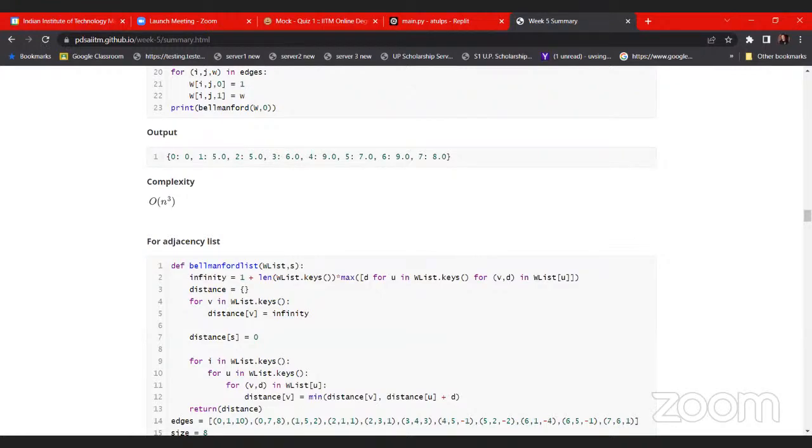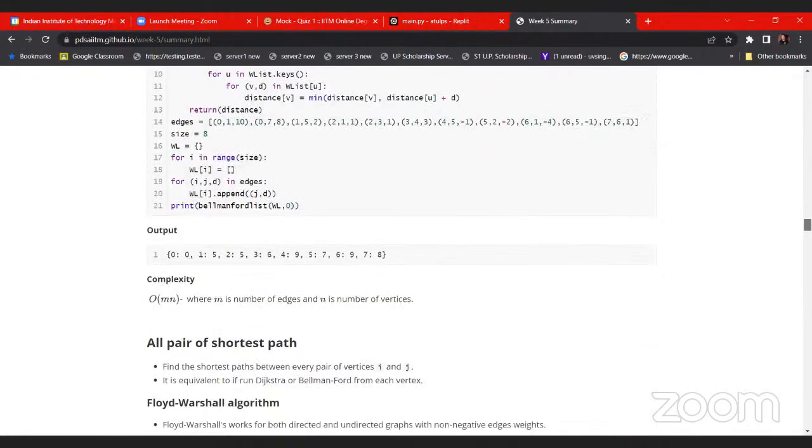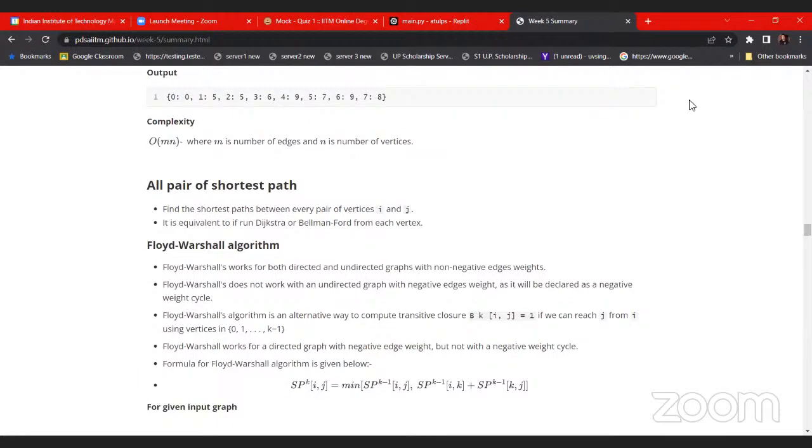Okay. Now the next algorithm is all pair shortest path. Here the meaning is that we apply this algorithm and we can find the shortest path between any pair of vertices. In the final result, we will get the shortest path between any pair of vertices. In the previous algorithms, we only got the shortest path from a particular source to other vertices. But here we can find the shortest path between any pair of vertices.